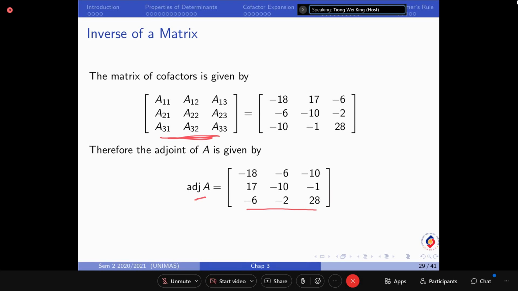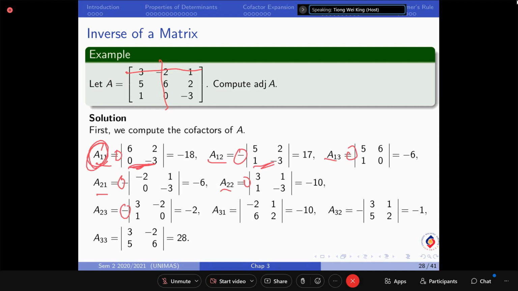Another way is where I see many students, they are quite lazy actually, so they put everything together in one go. I don't have much space to write, so I write here.